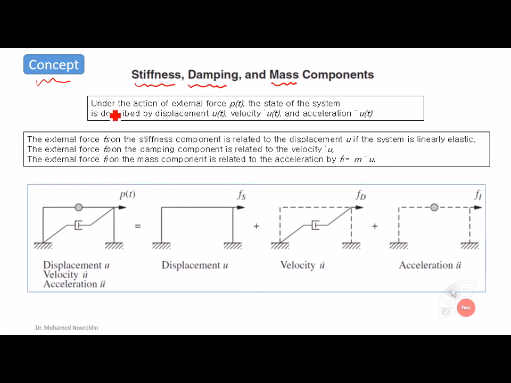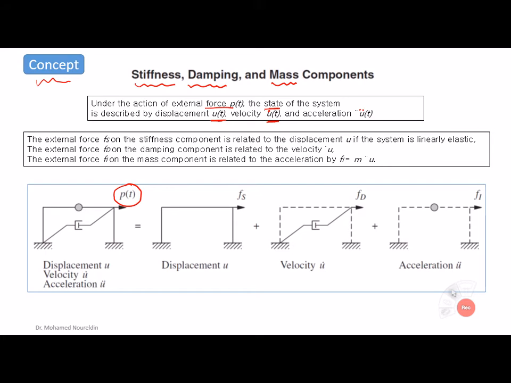So we can say that under the action of external force, whenever we have a system, as you can see here, and we have an external force applied on it, which is P of t, means that it is changing with time. So we can describe the state of the system for the single degree of freedom system by displacement u of t, velocity, u dot of t, and acceleration, u double dot of t.